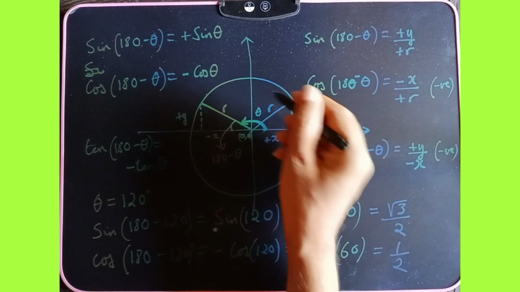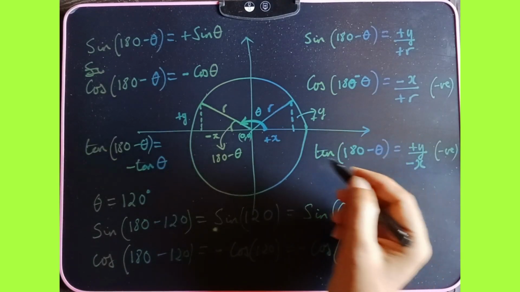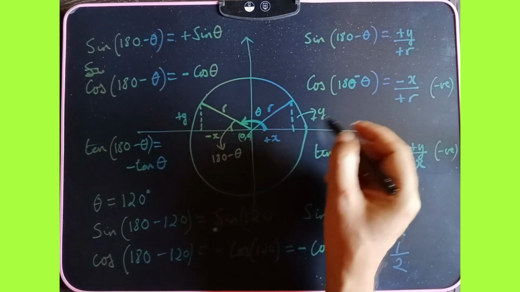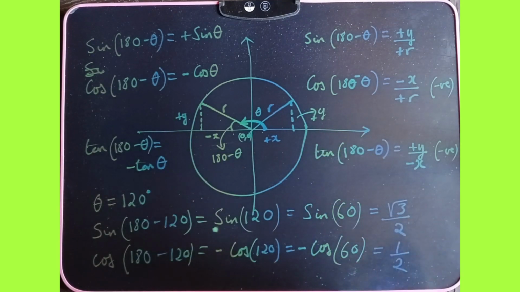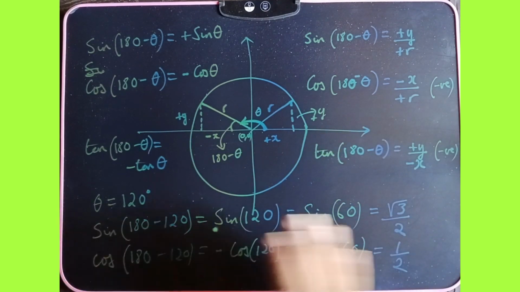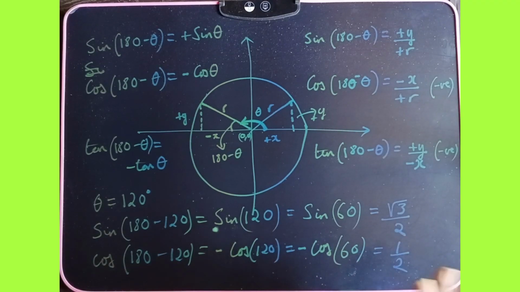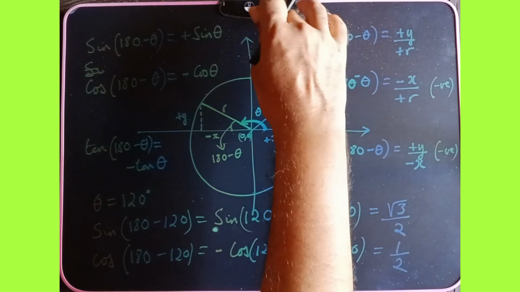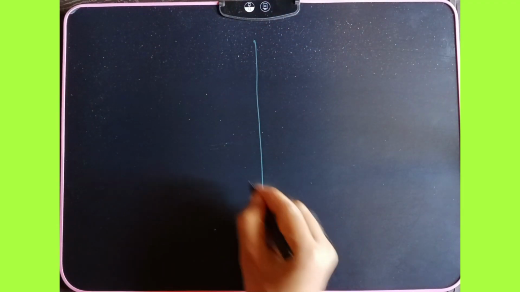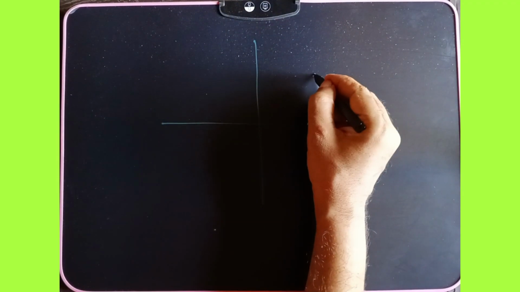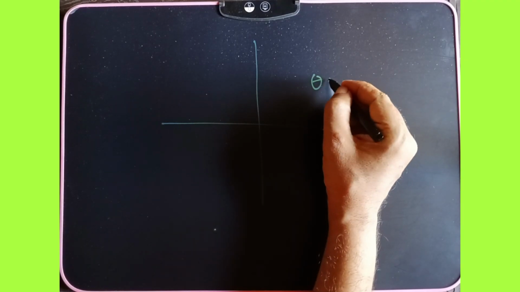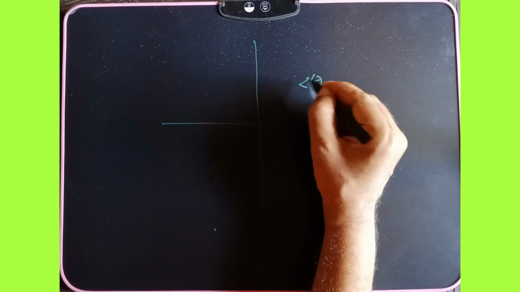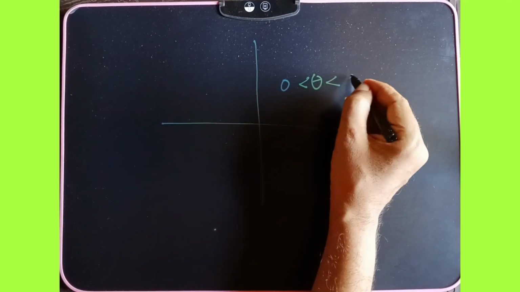For the first quadrant, let me write it on a fresh slate. So you can just note this down first. Here theta is greater than 0 but less than 90 degrees.